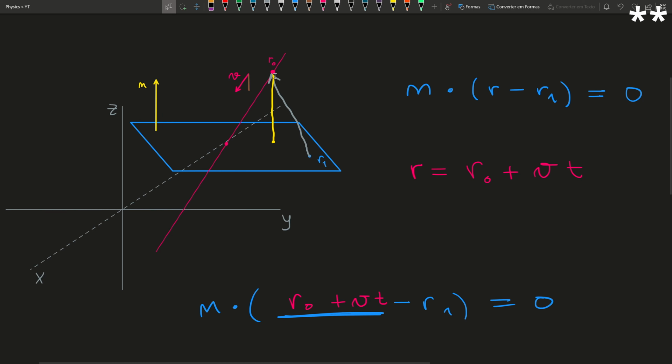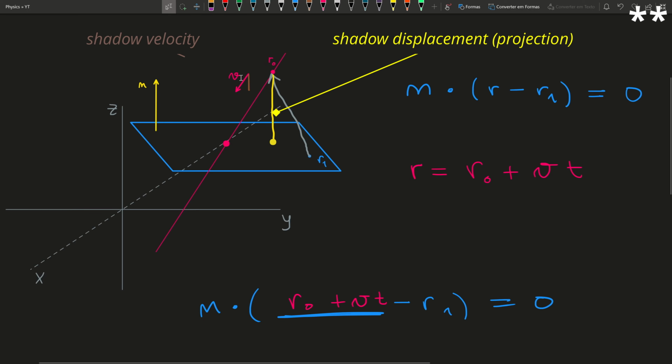To understand better the meaning of these projections, let's imagine that we are at r0 moving along the pink line at velocity v. Then our shadow along n will move this distance at velocity given by this projection.